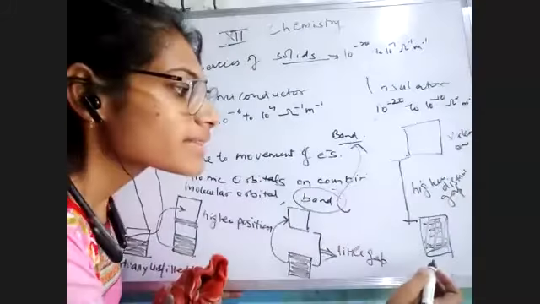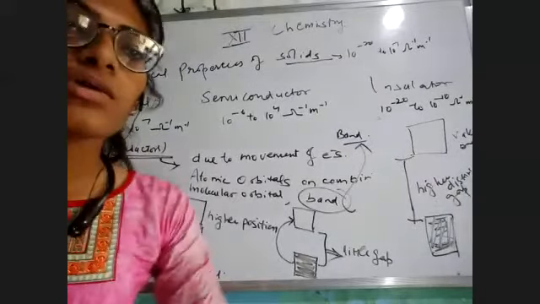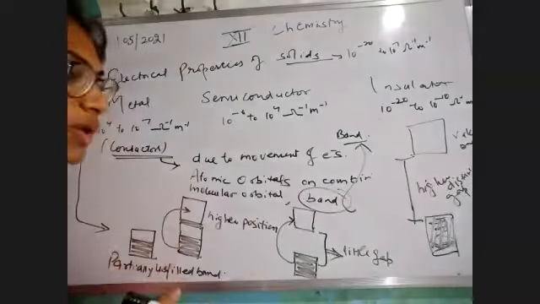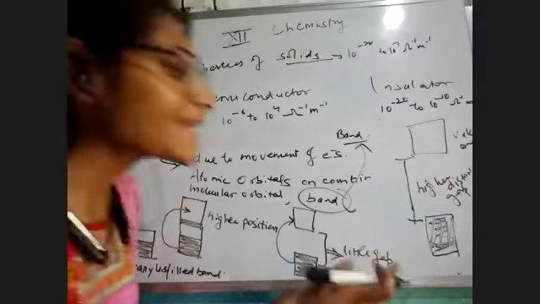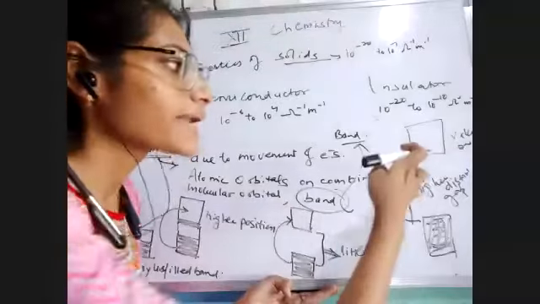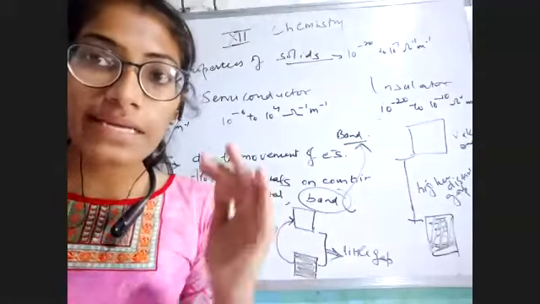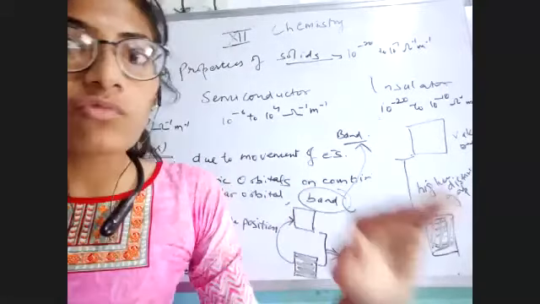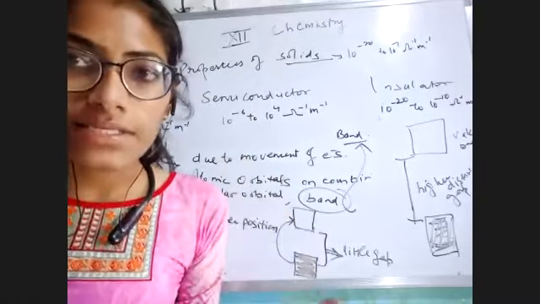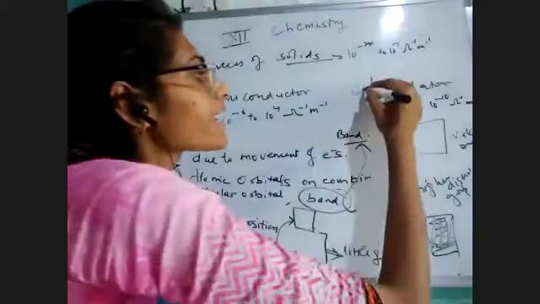We have two different bands, as we have studied in semiconductors as well as conductors. The only point was the distance. These also have two types of bands. One is completely filled with electrons, and the other one is totally empty. But there is so much distance between them that electrons cannot jump from one level to another, and that's why they do not show electrical conductivity, and that's why they're known as insulators.